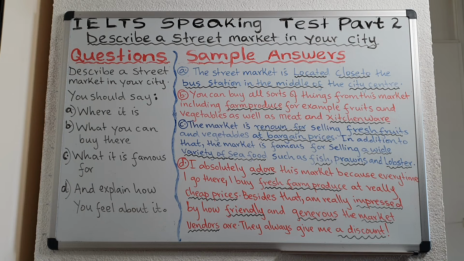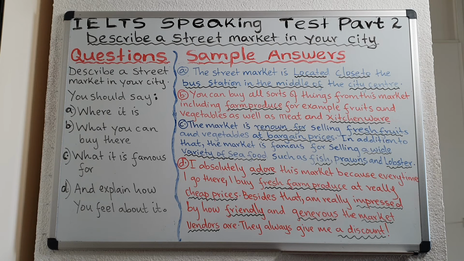In this lesson, we are talking about a street market in your city. In the sample answers, I have underlined for you a lot of vocabulary that you can use to talk about this topic. The next tip I'm going to give you is try as much as possible to use correct intonation and speak fluently.